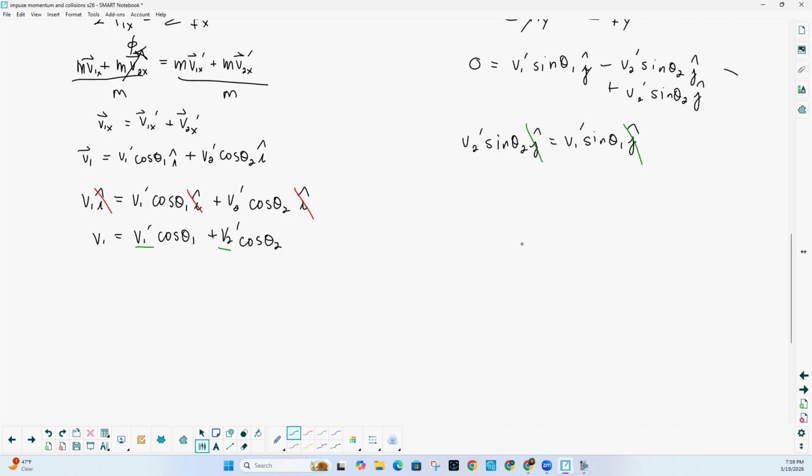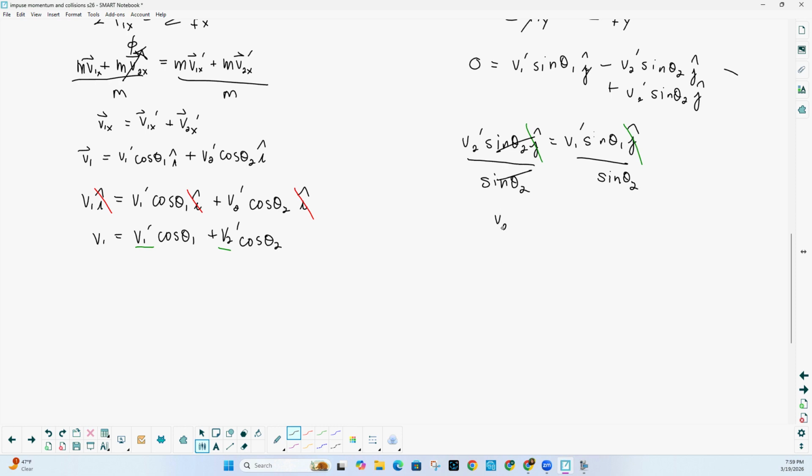So there's two ways to do this. I can do substitution, elimination, or linear systems. I'm going to do substitution. So what I'm going to do is I'm going to take this equation and divide it by sine theta 2. Okay.